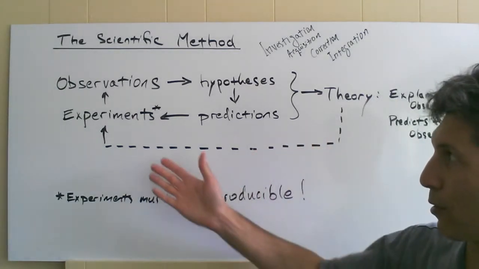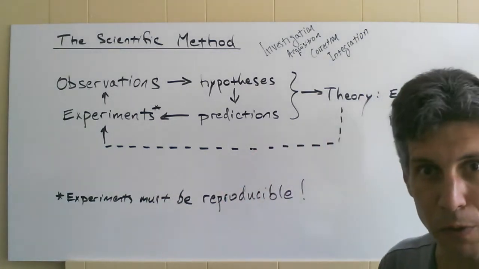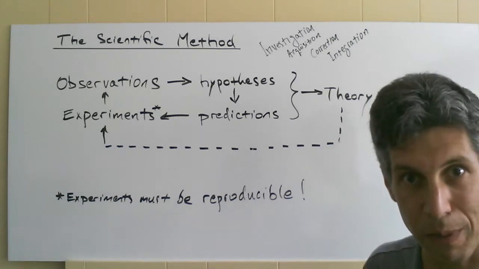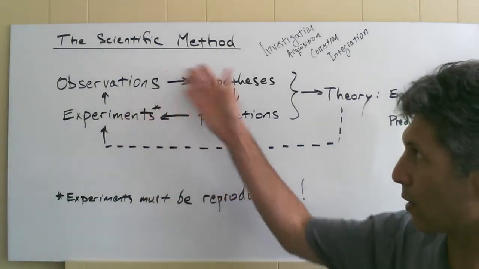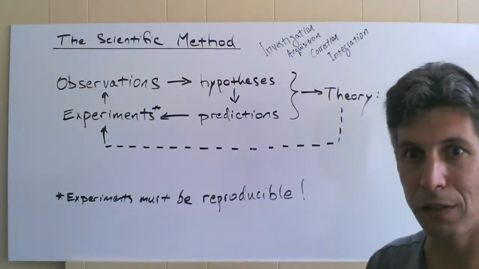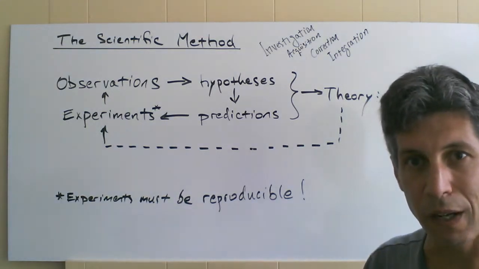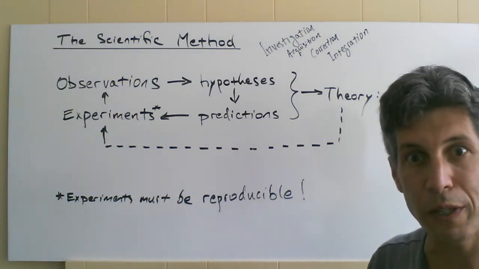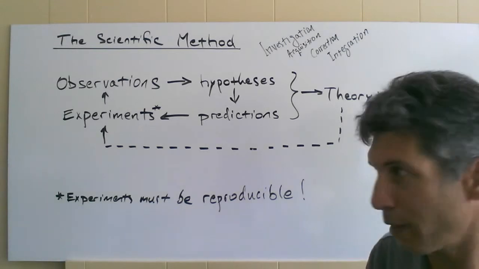Otherwise, the theory might be proved false, or at least a portion of the theory might be proved false, and the cycle repeats itself until the theory is modified, until it agrees with all the experimental observations.